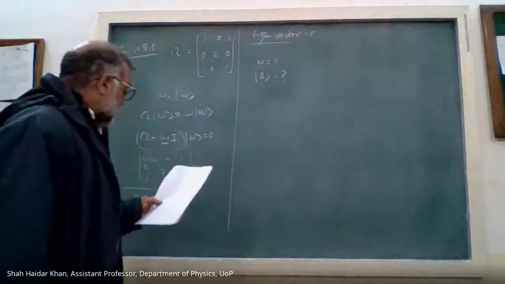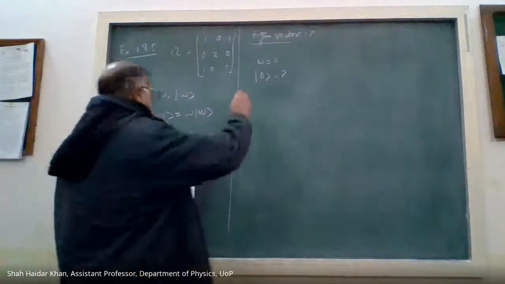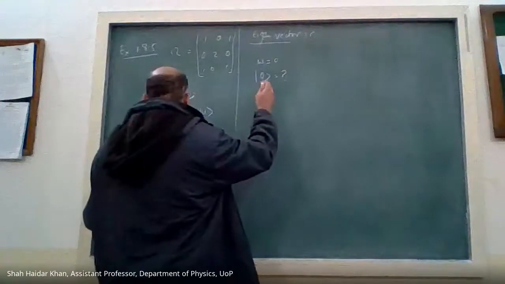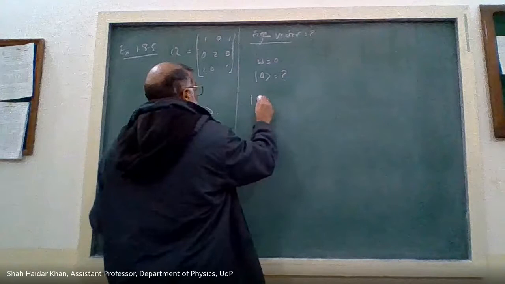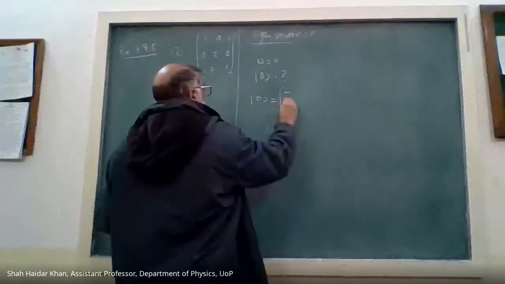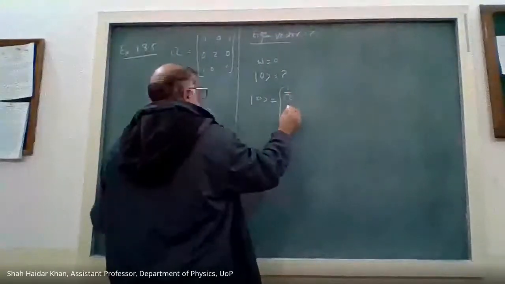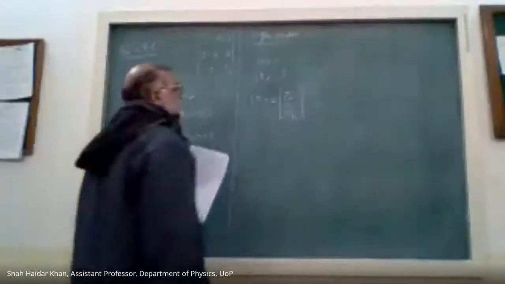what vector we got. The vector was 1 over square root 2, 0, and minus 1 over square root 2. Right?